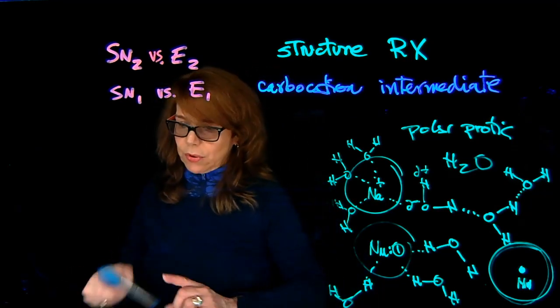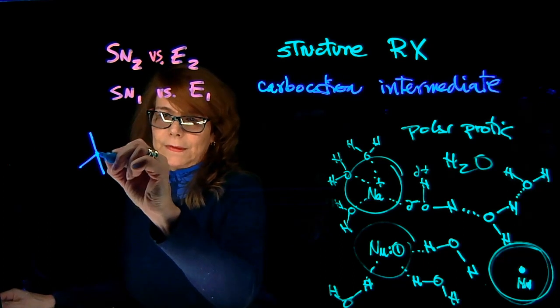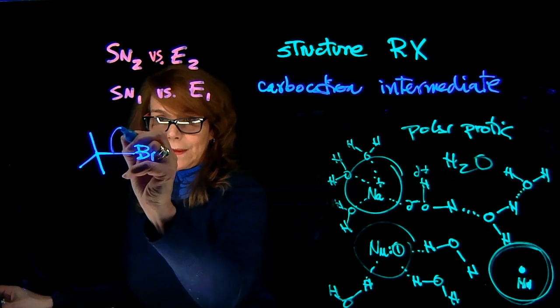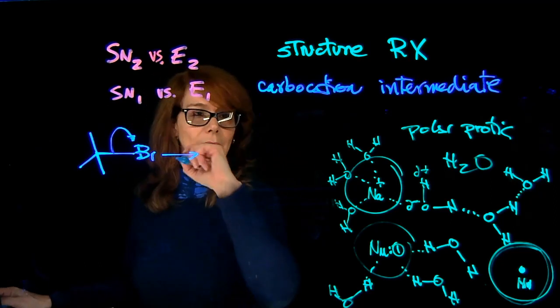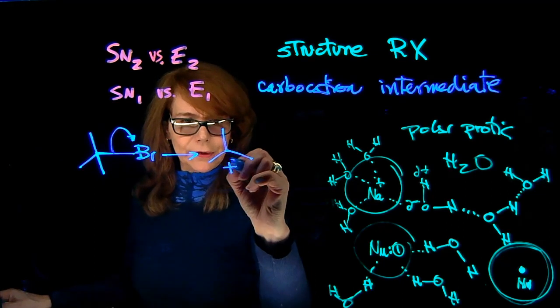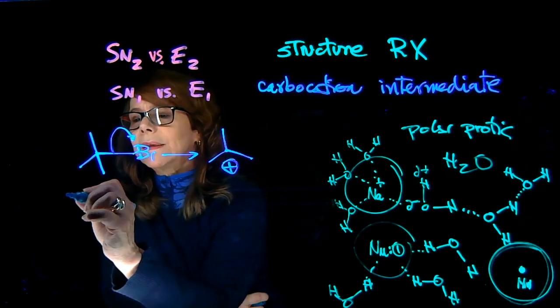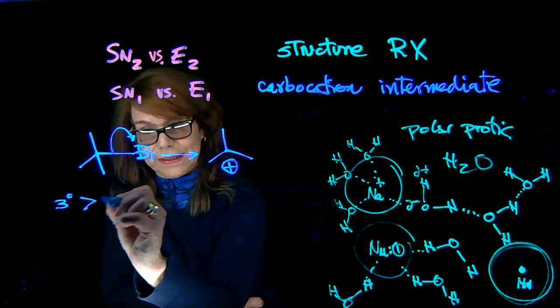Let's draw that. So tert-butyl bromide, this departs. That's a common step in SN1 and E1. Here you form a tertiary carbocation. And remember, because of that, we learned that tertiary alkyl halides react faster than secondaries.